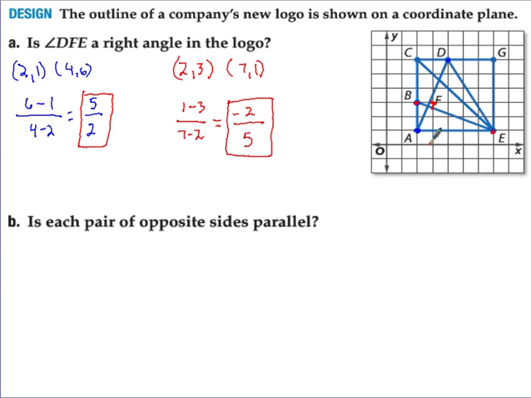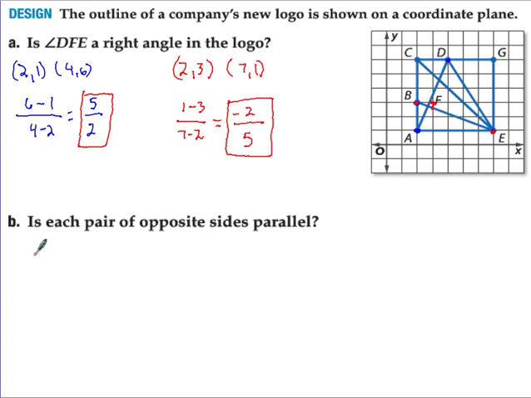But we also have the ability to prove it mathematically by finding the slope of each line and showing that they are parallel.